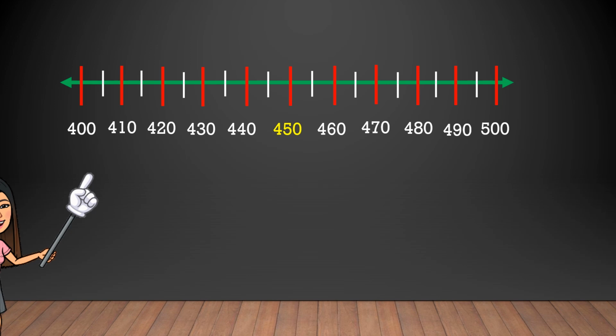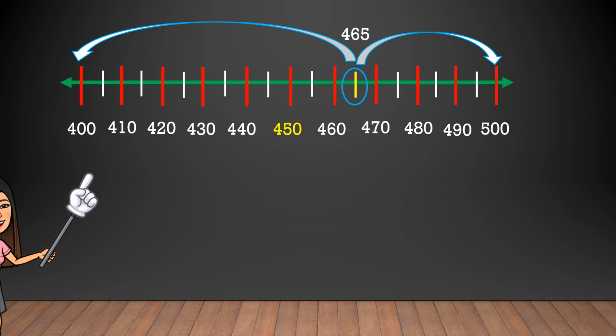Ngayon, hahanapin na natin kung nasaan dito sa number line ang 465, which is nandito sa pagitan ng 460 at 470. Now, kung titingnan, ang 465 ay lampas sa gitna ng 450 at mas malapit sa 500.